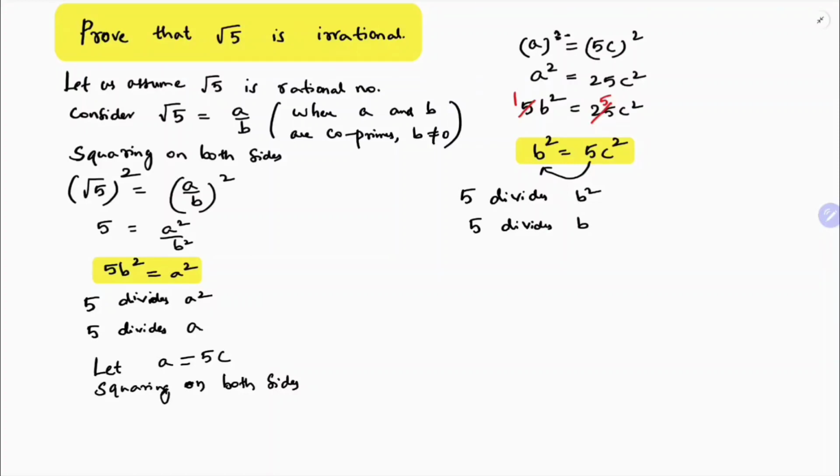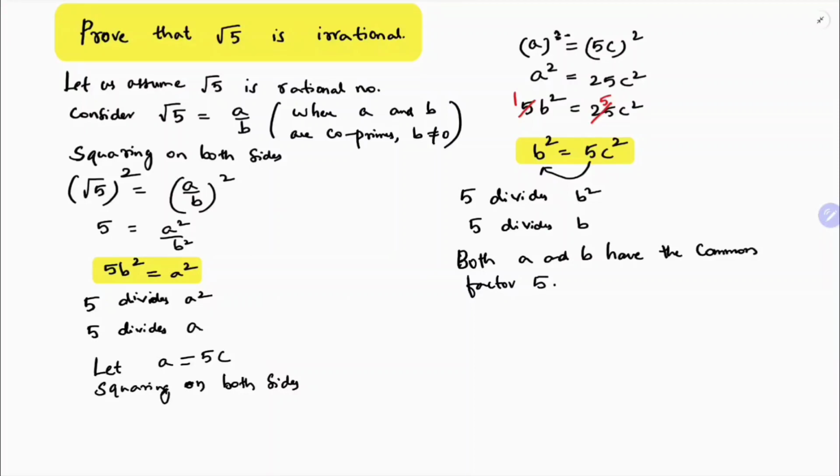So here, I considered a and b as co-primes, but here I am getting 5 as a common factor for both a and b. So both a and b have the common factor 5.